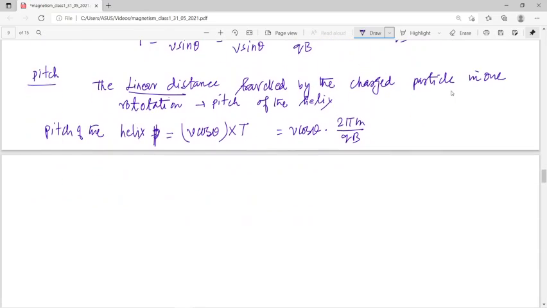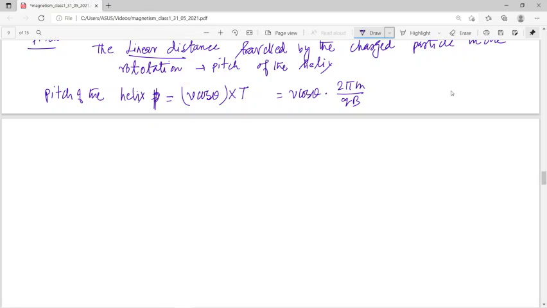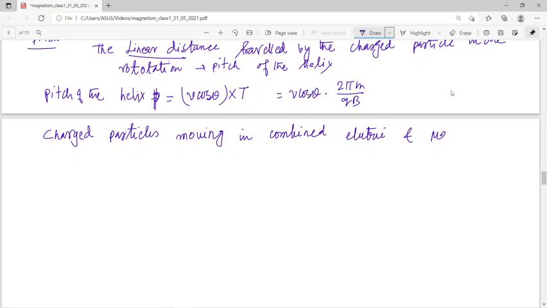But if the charged particles are moving in a combined electric and magnetic field, that is the case now.